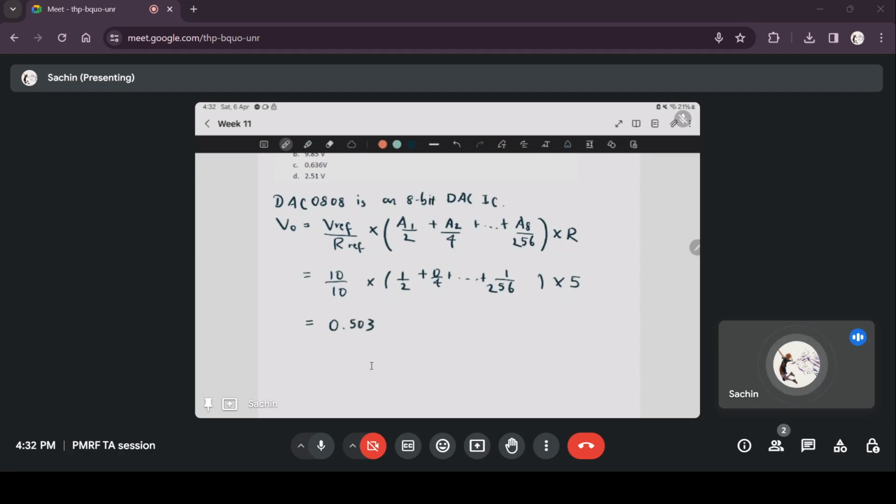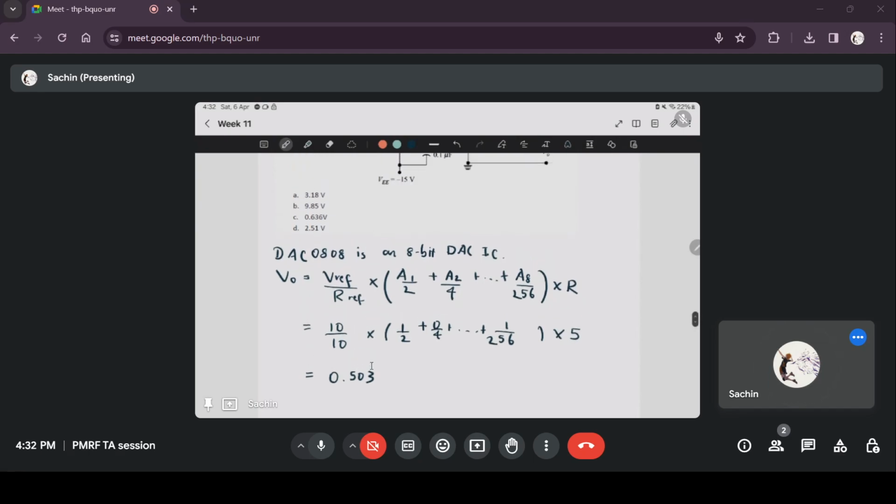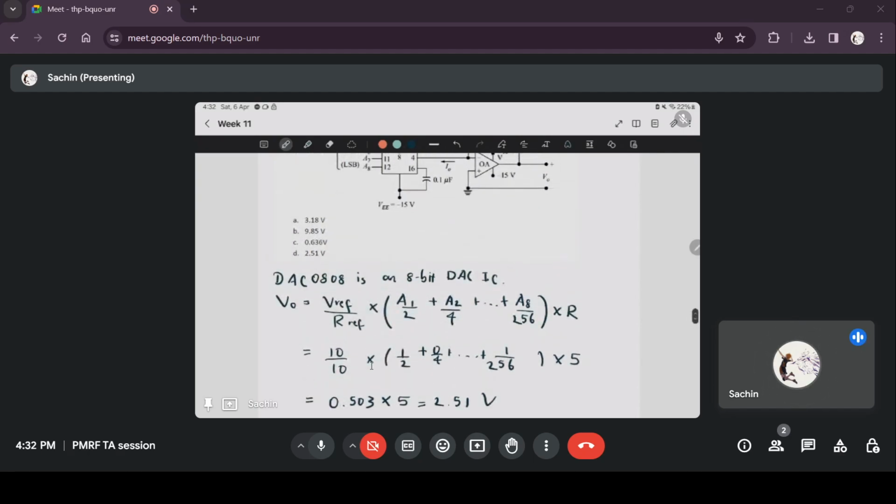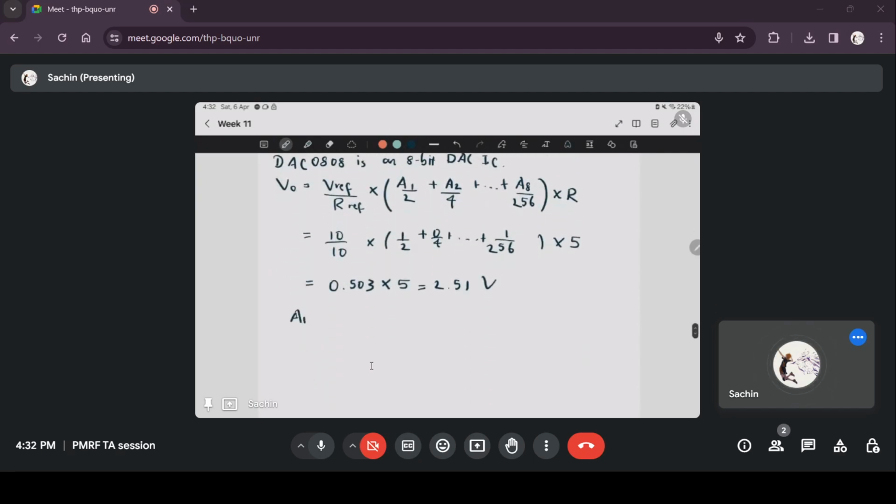Half is 0.5 and 1 over 256 is 0.003 something. Into 5, which is 2.51 volts. So the answer is option D.